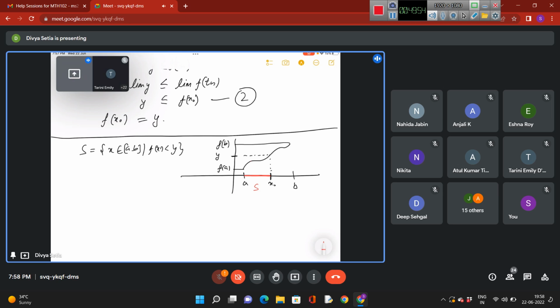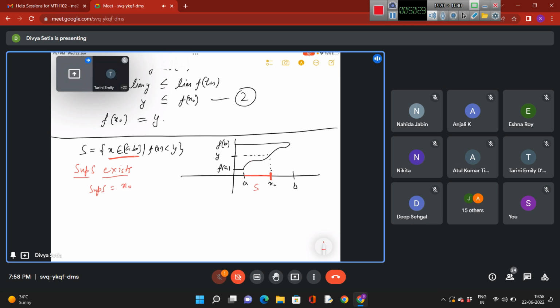Now you took the supremum because it's a bounded set. All the elements lie in AB, so it's a bounded set, so the supremum of S exists. This is what you can see in the picture. The supremum should be the candidate for your pre-image. You took your supremum of S to be x0.